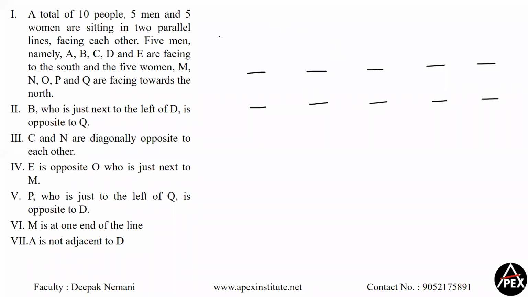We have 5 men, A, B, C, D, E, and the women are M, N, O, P, Q. Now the men are facing south, so I will consider this as north. Women are sitting in these 5 places facing north, and the men are sitting in these 5 places facing south. Clear?